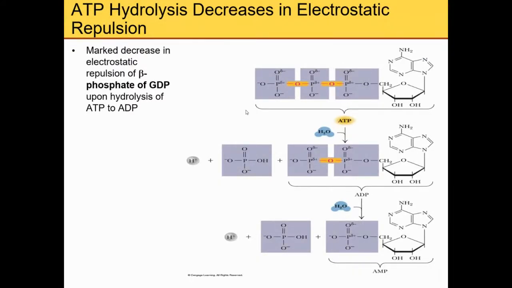And here is just to show the decrease in electrostatic repulsion on the hydrolysis of the ATP to the ADP, and also hydrolysis of ADP to the AMP. And that will lead to a relief of the electrostatic repulsion. Okay.